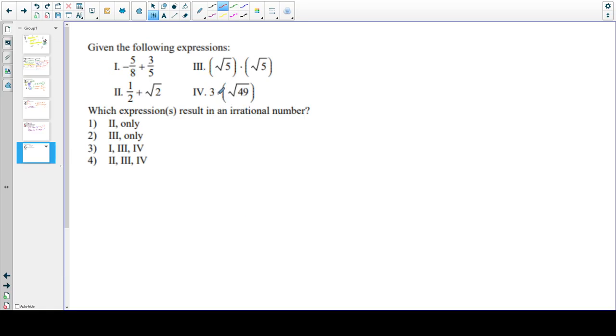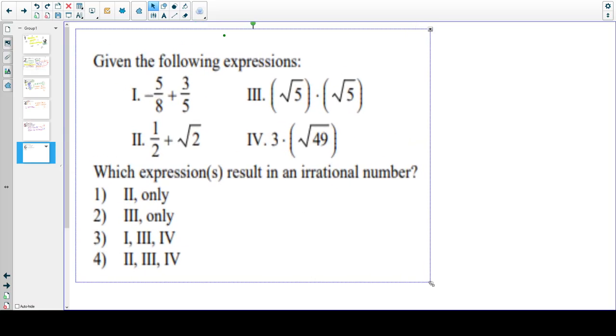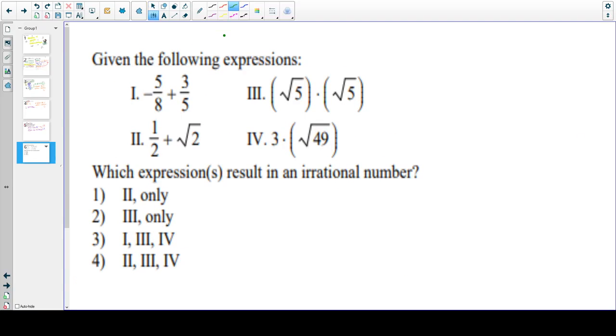Last but not least, this is a very common question on the Regents. So let's kind of do this one together. Which of the expressions result in an irrational number? Well, let's make this a little bit bigger, and identify each of these terms. So, if we look at number 1, these are two fractions.